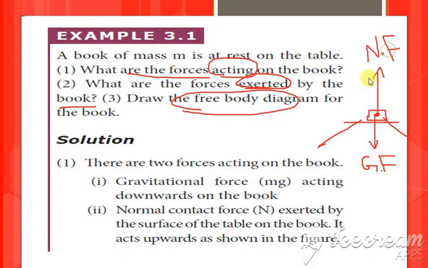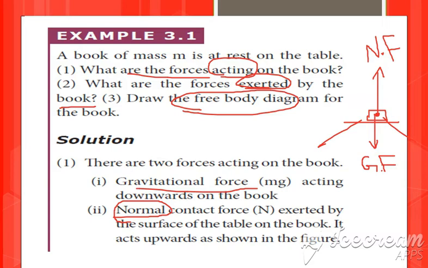The term normal means perpendicular. So whenever you consider the object, upward it has a normal force and downward it has a gravitational force. These are the two forces acting on the object. Then, what are the forces exerted by the book?